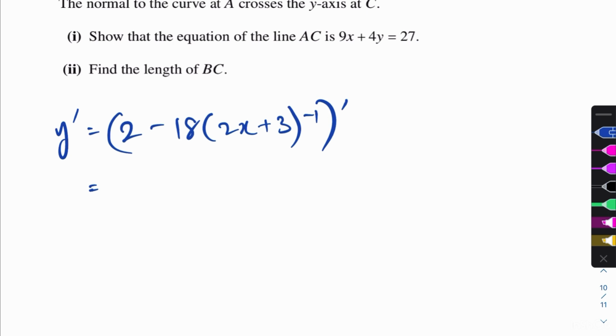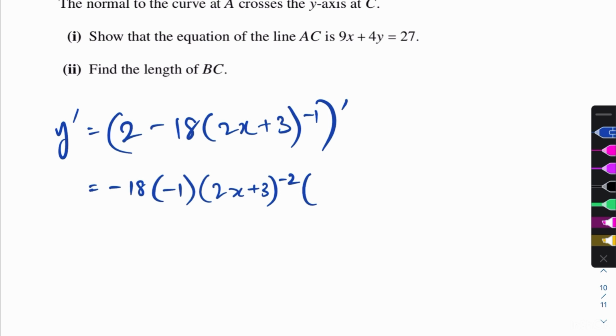So we're differentiating this. So the constant 2 disappears, and then we have minus 18 times minus 1, because the minus 1 comes to the front using chain rule. 2x plus 3 to the power of minus 2 because we take 1 off this power.